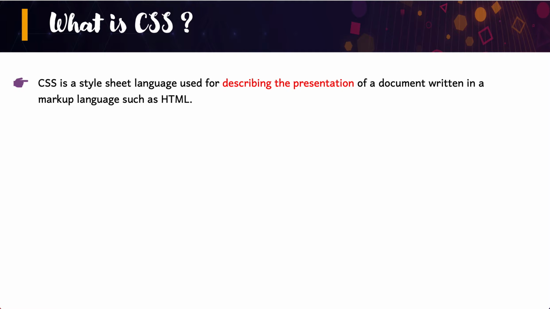So we know what a web document is. A web document is one which is written in a markup language such as HTML. Note the term "such as" here. The presentation can be done for other languages as well, even though CSS is predominantly used for HTML.